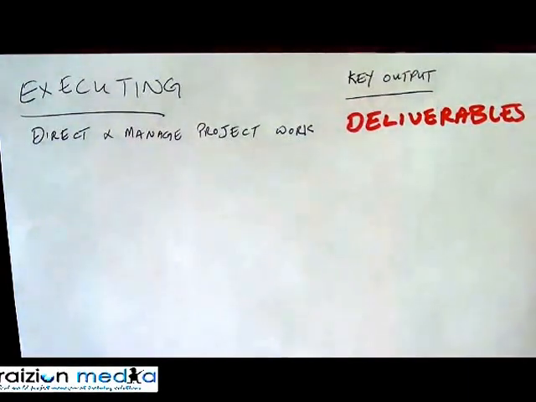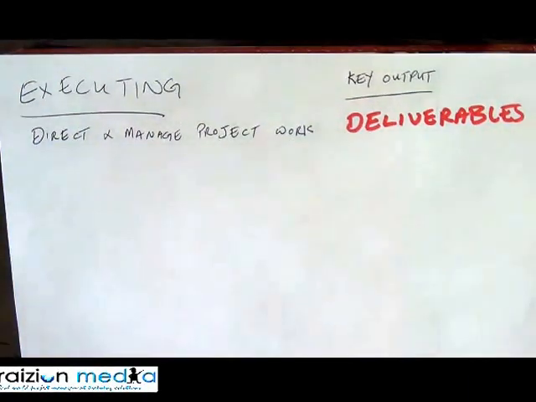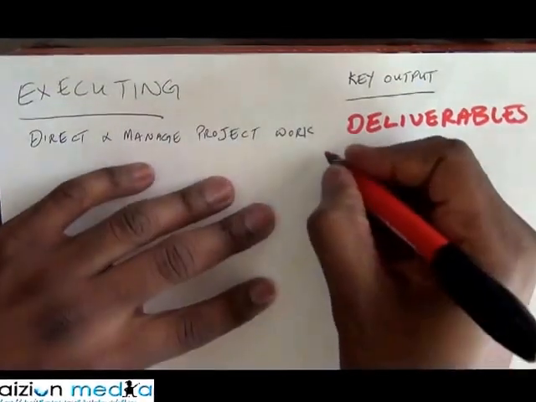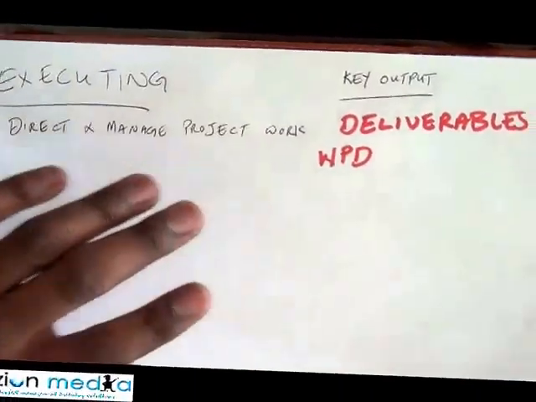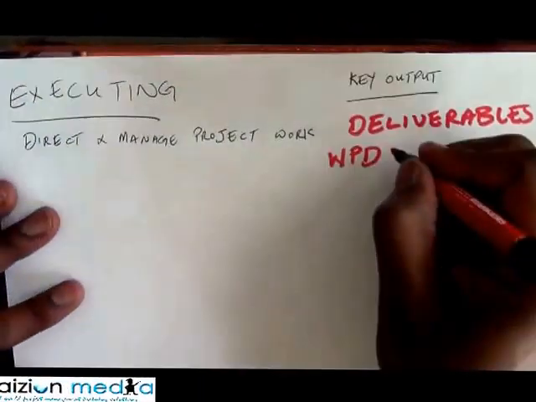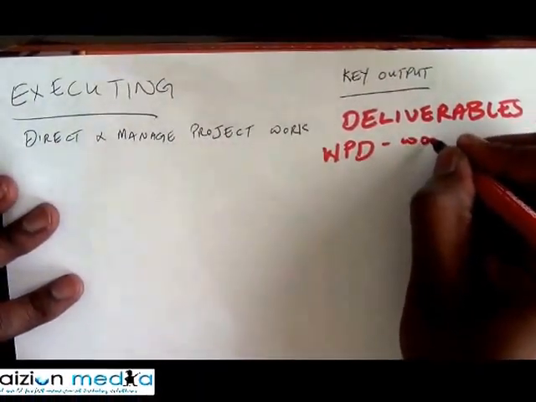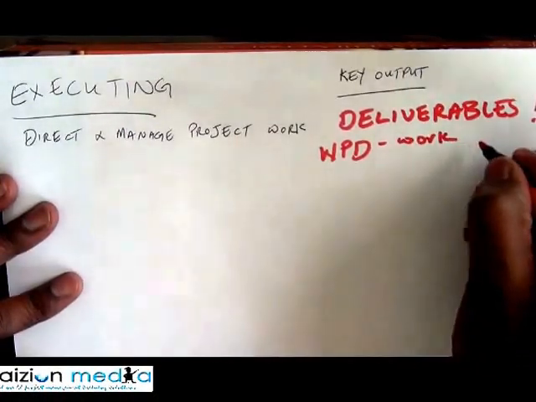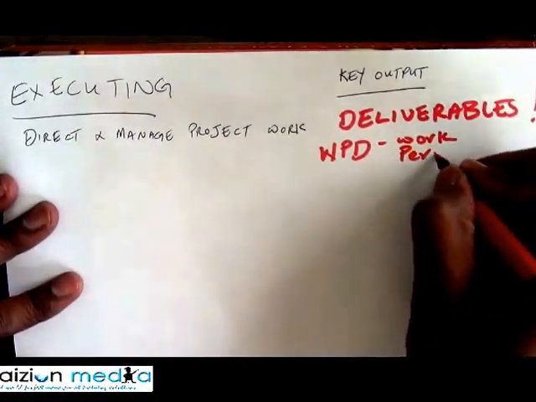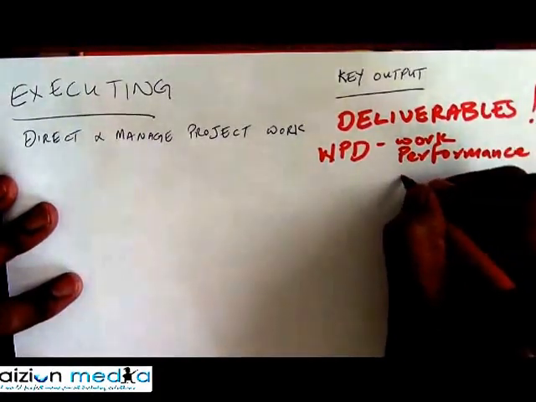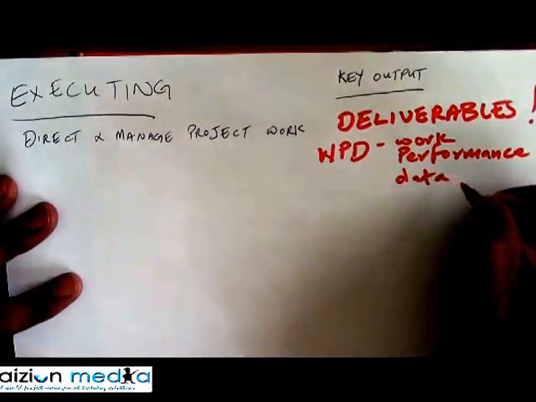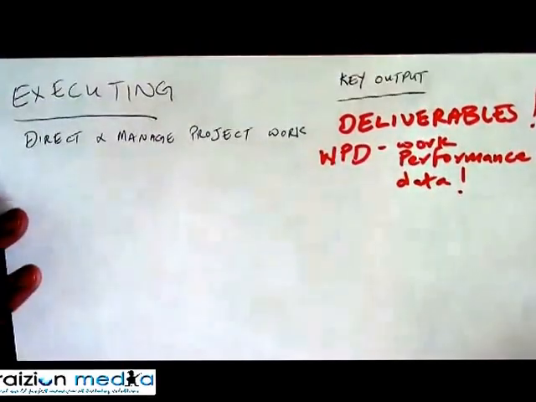Another big ticket item I'm going to write in red is called WPD. Hopefully you know what that is. Work performance data. Work performance data is another big one.